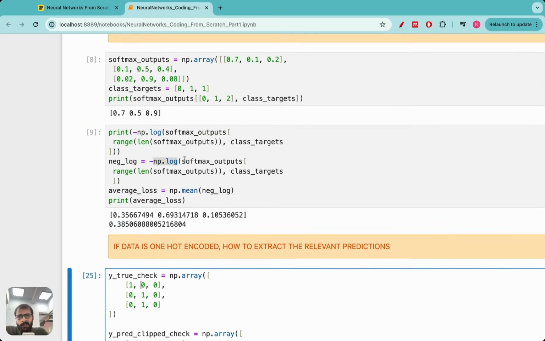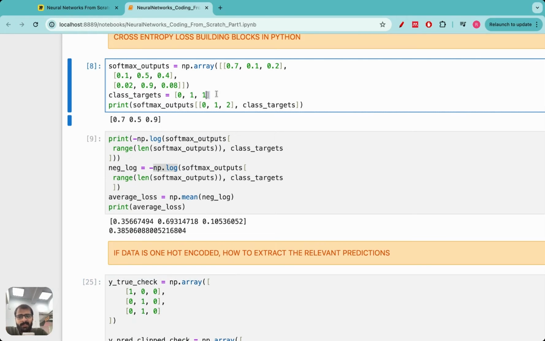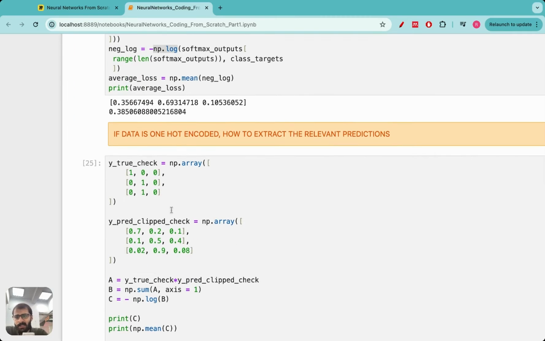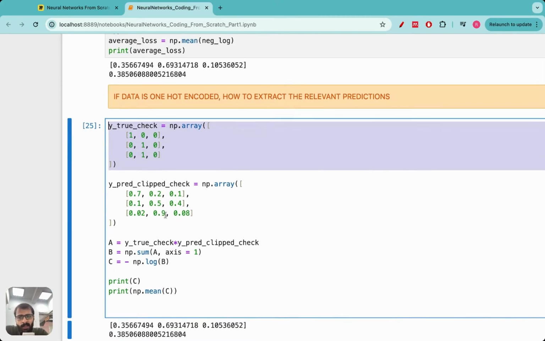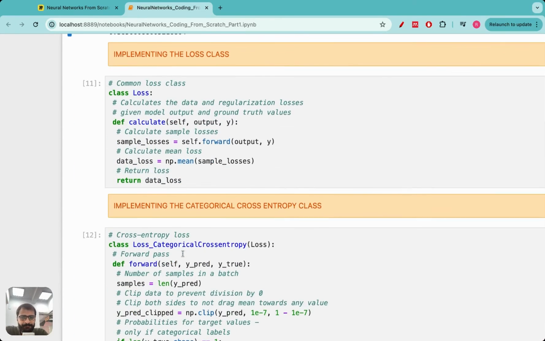So depending on how the class targets are, the procedure should vary. If the class target is just written as numbers, you can do this clever indexing in Python and then take the negative log. But if the class targets are one hot encoded, then you first need to multiply the class targets with the prediction, take the summation along the columns, and then take the negative log.